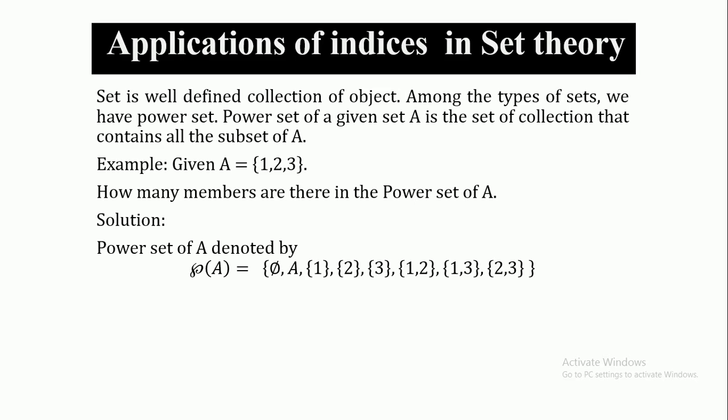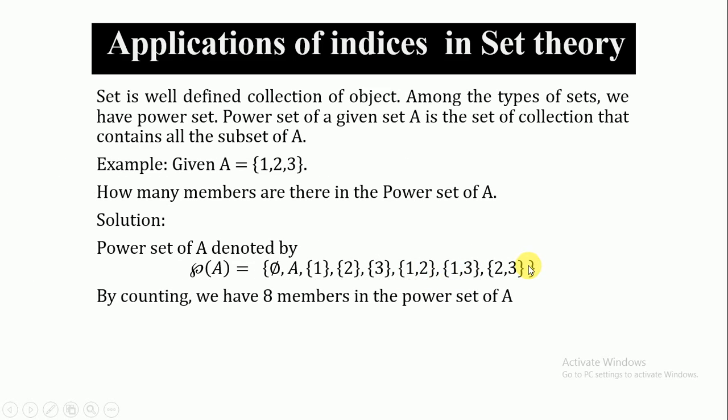That is why we started with the empty set and the set A, followed by the singletons {1}, {2}, {3}, followed by a set containing elements 1, 2, another containing elements 1, 3, and 2, 3. By counting, we have 8 members: 1, 2, 3, 4, 5, 6, 7, 8.